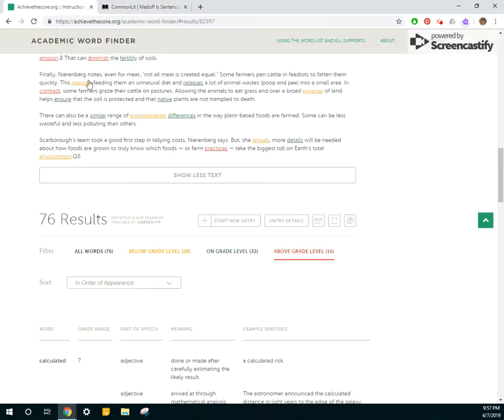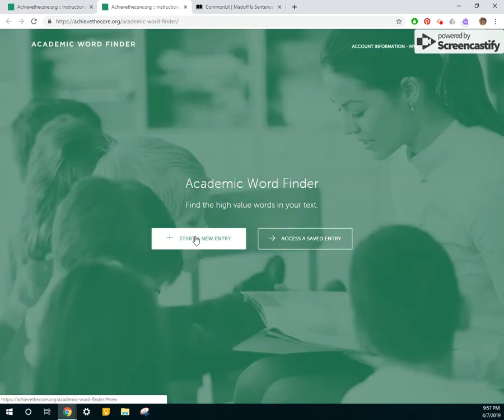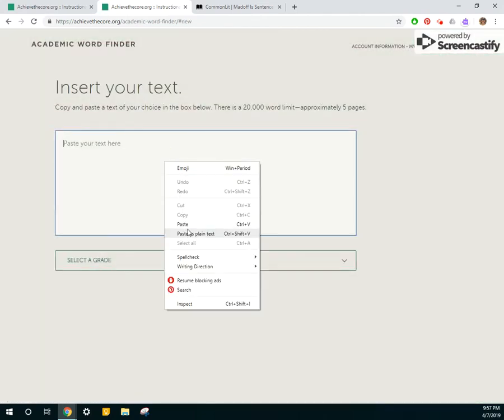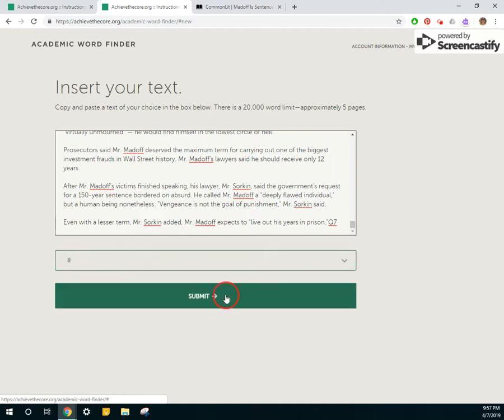I copy it. Remember, go back up to Academic Word Finder. We're going to reset and start a new entry. And now we're with 8th grade.